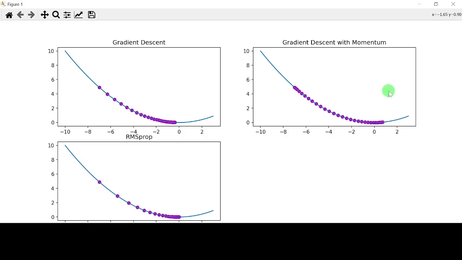And gradient descent with momentum, it's not too far off. It does have that momentum tendency, so it goes up like this and then it'll go back down and settle at this point 0, which is the minimum, which is the solution to this. So in this one, RMSprop performed better. Let's look at another one.